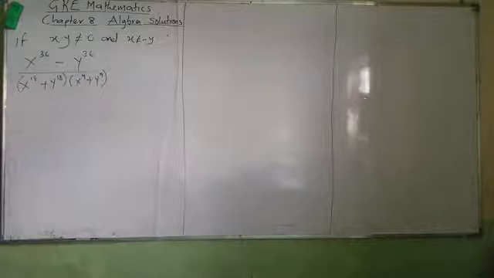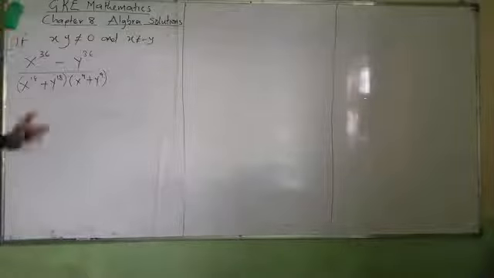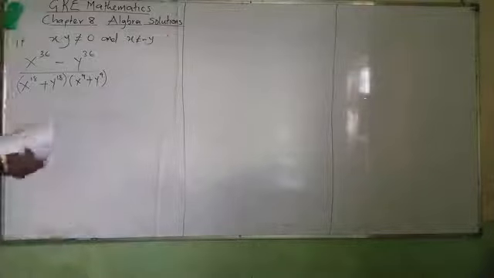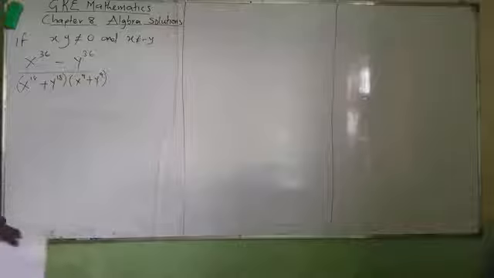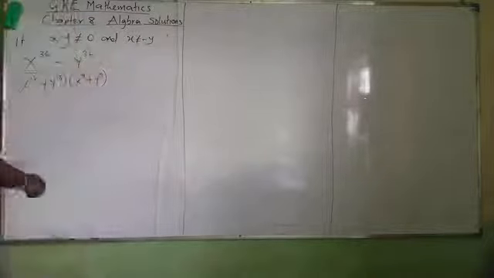Now look at this particular problem. It's a very nice question that you can see anywhere, even though not in GRE. It's not hard, but you need the approach of difference of two squares to solve this problem.